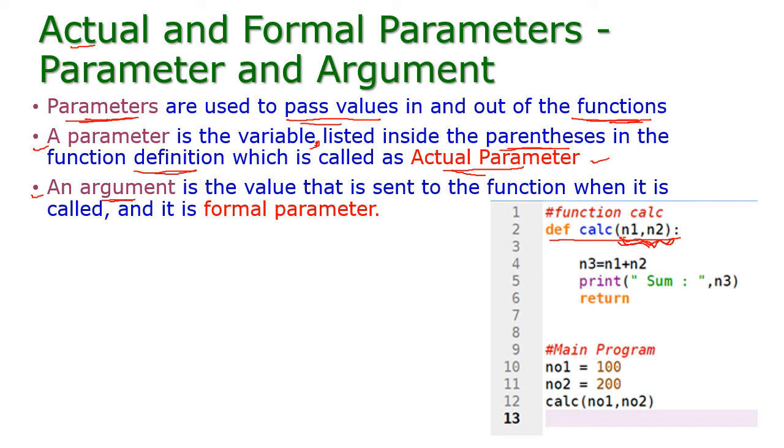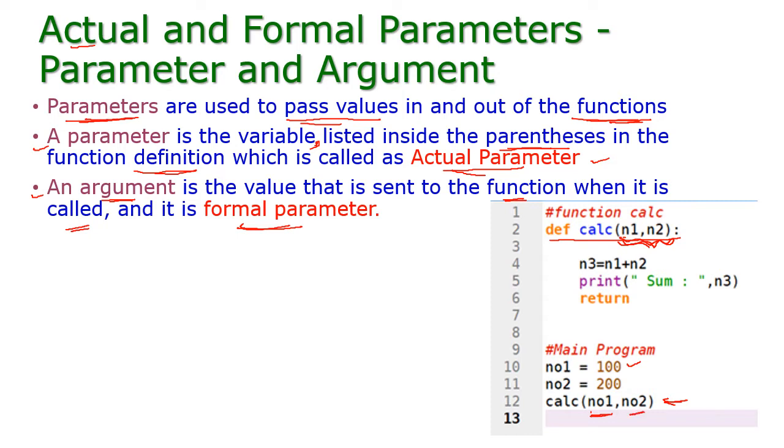And next one, the argument. What is an argument? It is a value that is sent to the function when it is called. When we call the function, we need to send values to that function, and those are called formal parameters. Here we are going to call this particular function by passing the values: number 1 value is 100 and number 2 value is 200.